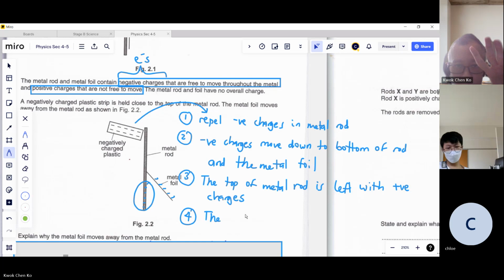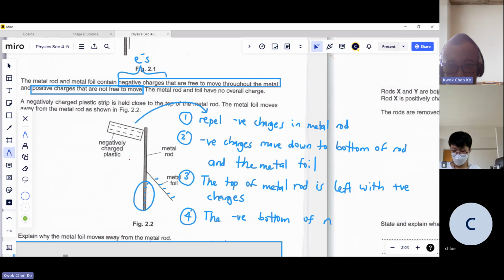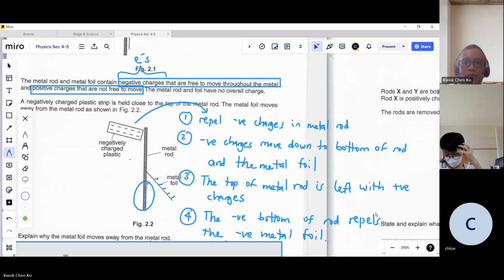The negative charge on the bottom of the rod repels a negative metal foil. So that would nicely sum up your answer why the metal foil moves away from the bottom of the metal rod.